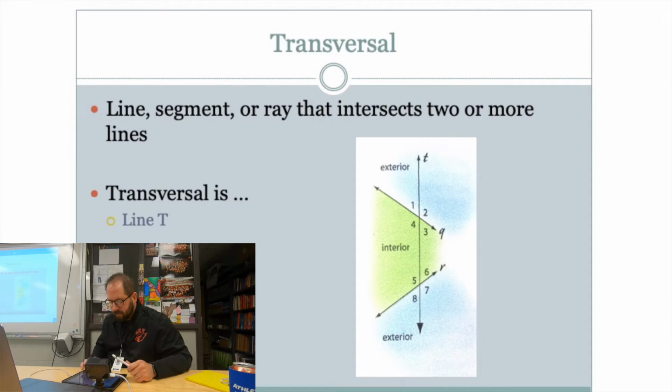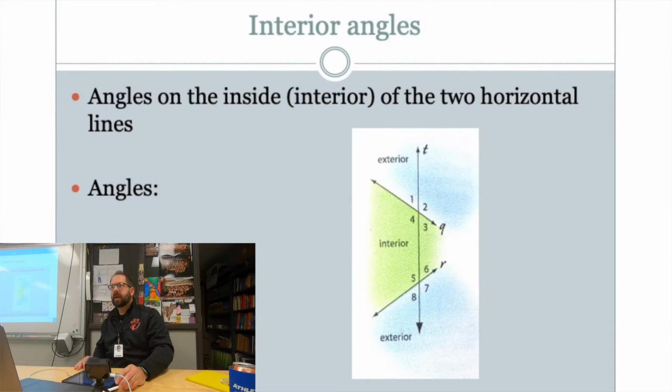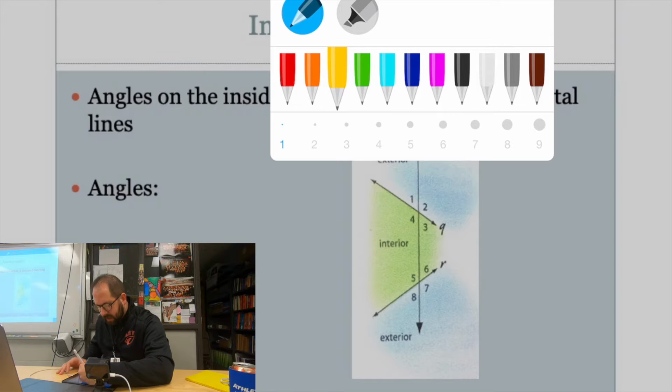So now, how we use that is when you have a transversal cutting through lines, it separates the compartments of the picture into interior versus exterior. So on this, we have two lines.